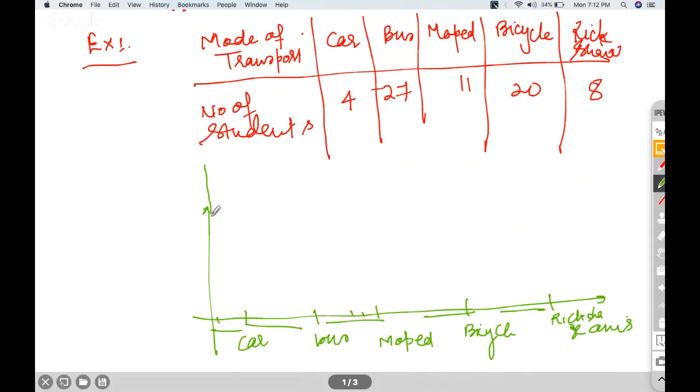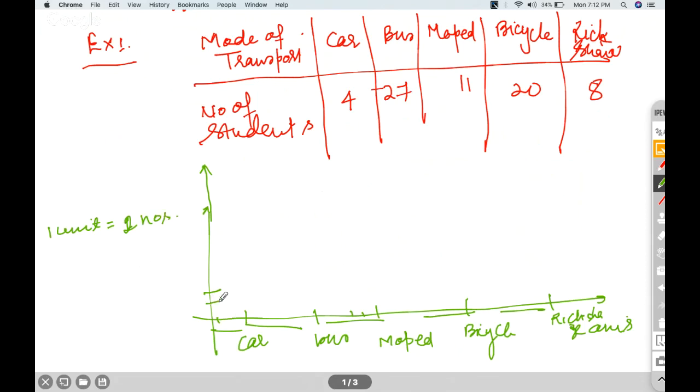Also, when you are selecting a scale on the y-axis, it has to be a uniform scale. So say I say that 1 unit on the graph is equal to one number here, or let's say 1 unit is equal to two numbers here.